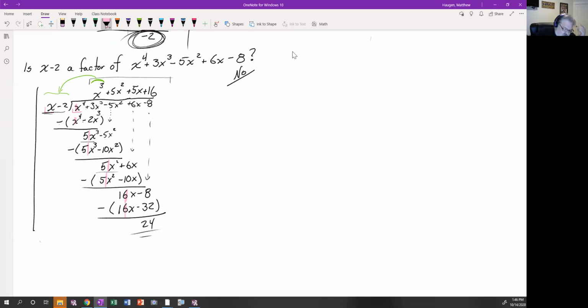And the fact that this is an x to the fourth, x to the third, x squared, x to the first, and a constant term, as long as I agree to always put my coefficients in order, could I get away with not having to write that down? I'd have to make sure everything's always in order.